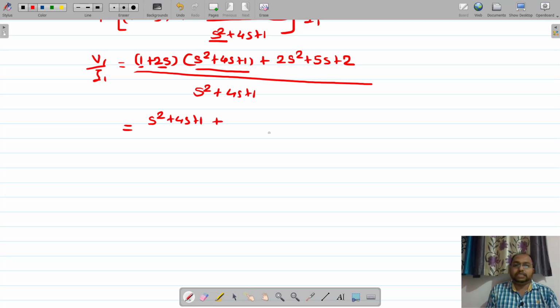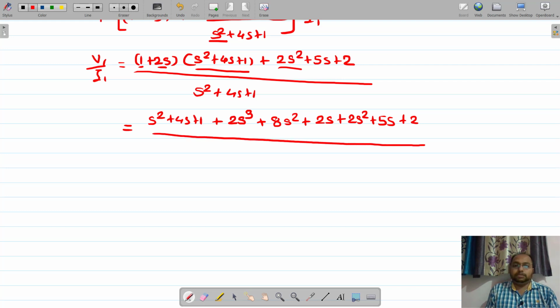So 2s cube plus 2s into 4s, it is 8s square, plus 2s, and the remaining terms as it is, 2s square plus 5s plus 2. This is divided by s square plus 4s plus 1.